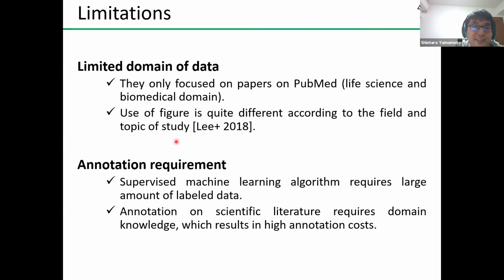Another limitation is the requirement of annotated data. Supervised machine learning algorithms require a large amount of labeled data. However, annotation on scientific literature requires domain knowledge. So it is difficult to find good annotators for scientific publications.